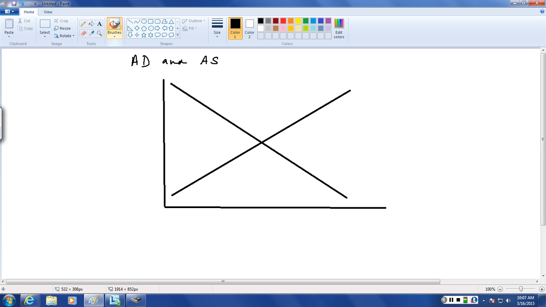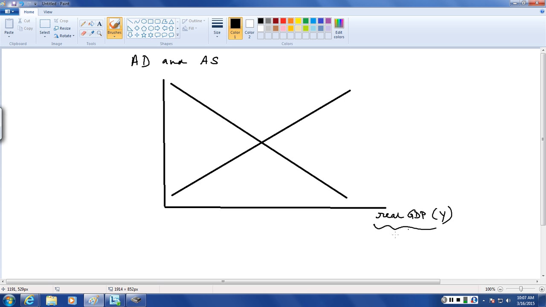But remember, this is the entire economy, so what we're measuring along the horizontal or quantity axis is going to be a measure of all final goods and services produced in the economy. And we know that our measure of that is real GDP. So we measure real GDP along the quantity axis, represented by the letter Y.